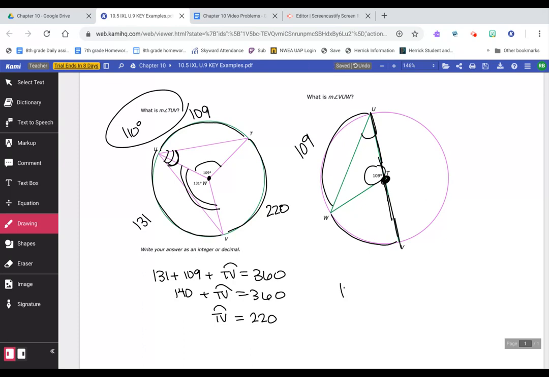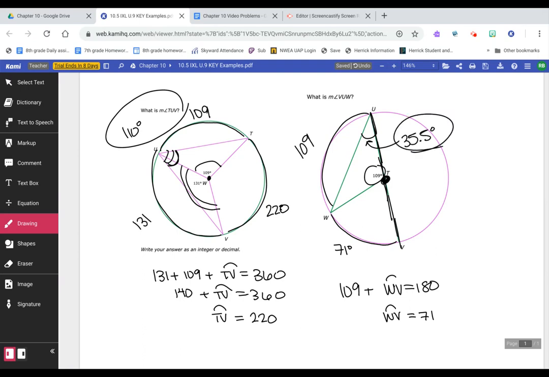So 109 plus arc WV is going to be 180, since that's half of your circle. So arc WV will equal 71 degrees. If this is 71 degrees, then the inscribed angle right here would be half of that, which would give you 35.5 degrees.